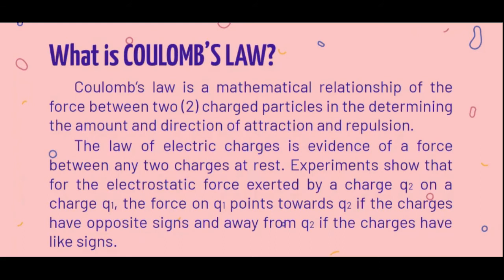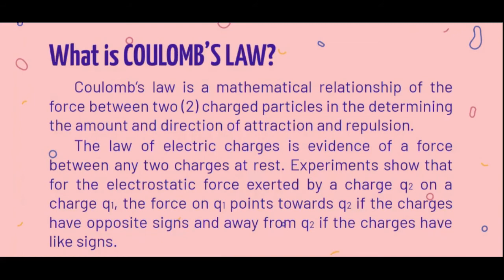Now, based on the different experiments conducted by physicists long time ago, it shows that the electrostatic force exerted by a charge Q to a charge Q, between the charges is represented by letter Q. So there are two charges. We can say Q sub 2 and Q sub 1.